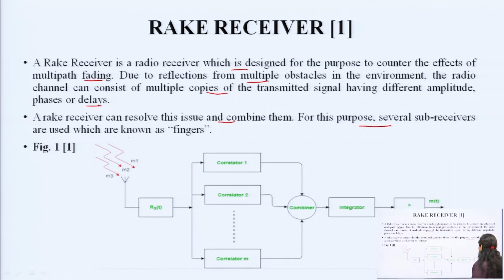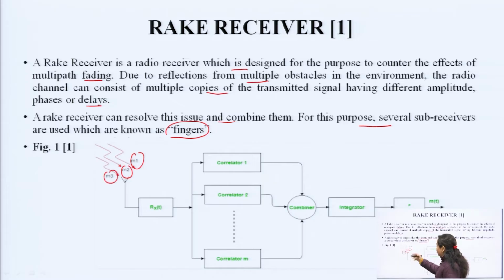For this purpose, several sub receivers are used, which are known as fingers. You can see over here that there are 3 signals, M1, M2 and M3. Only one signal is transmitted, but due to multipath propagation and fading, different versions of the transmitted signal occur, that is M1, M2, M3.